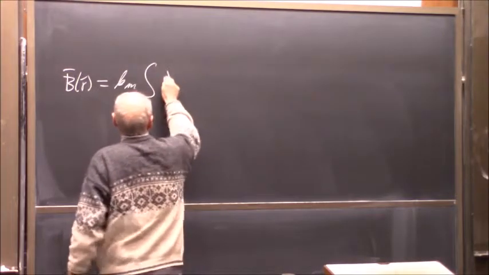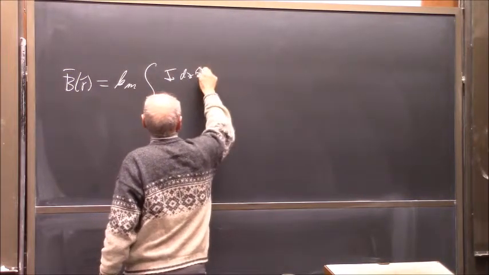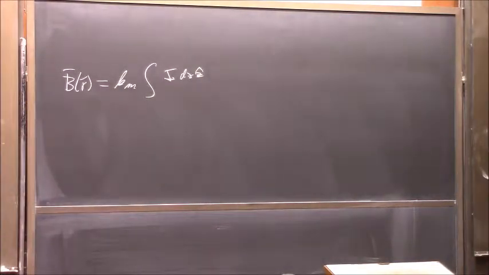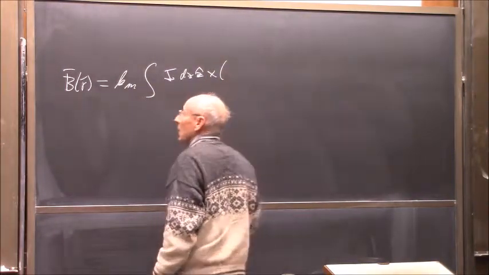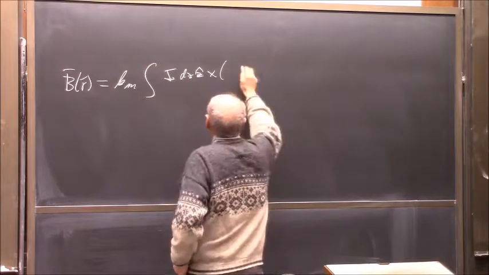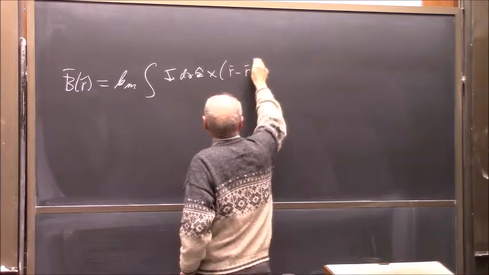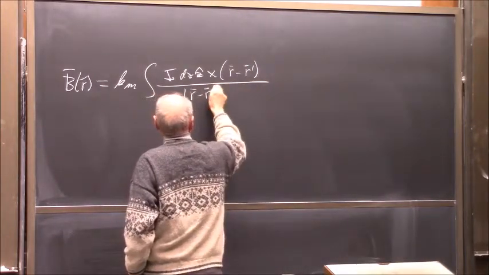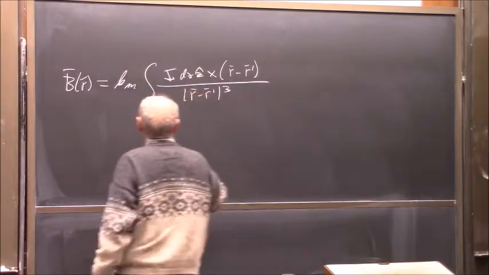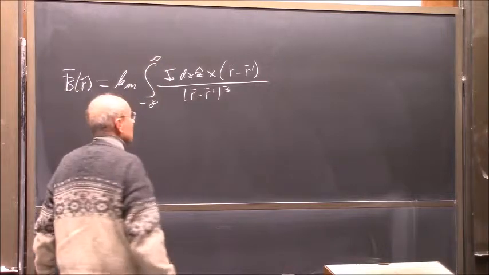And so you have I dl, but that is simply dz in the z direction crossed into r minus r prime over r minus r prime cubed. And then you're going to integrate z from minus infinity to infinity.